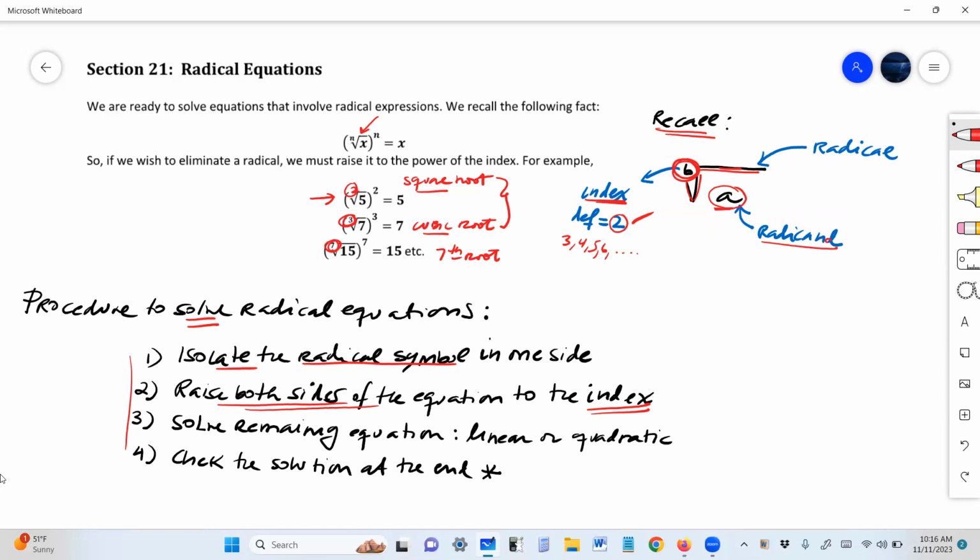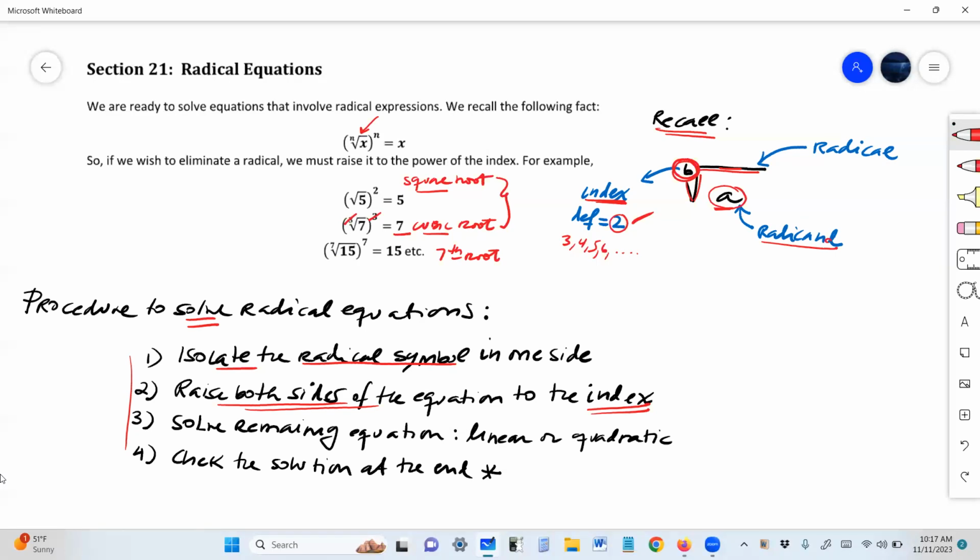When you do that, the most important thing happens, and let me show you. The index is going to cancel with the number that you raised on the outside, and the answer is going to be the radicand.